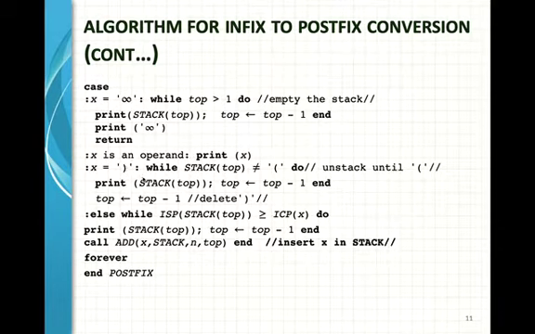What to do if we get a close parenthesis? Nothing special, we just do popping, that is until the stack top is equal to the open parenthesis, you just do the pop operation: print stack top, pop, and print it on the screen, and decrement the top.